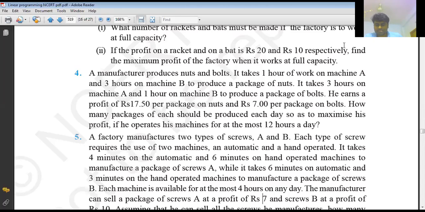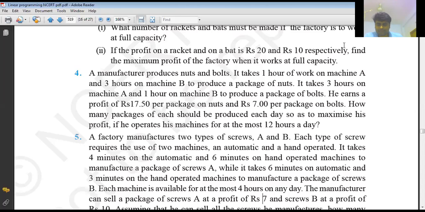Now, what is the second step? In the second step we are going to formulate. Formulate means we write the objective function, and subject to the constraints also we need to write; the system of objective function along with the constraints comes under formulation. What is the third step? Graph. Before taking the graph, we'll take table values and then go for the graph.